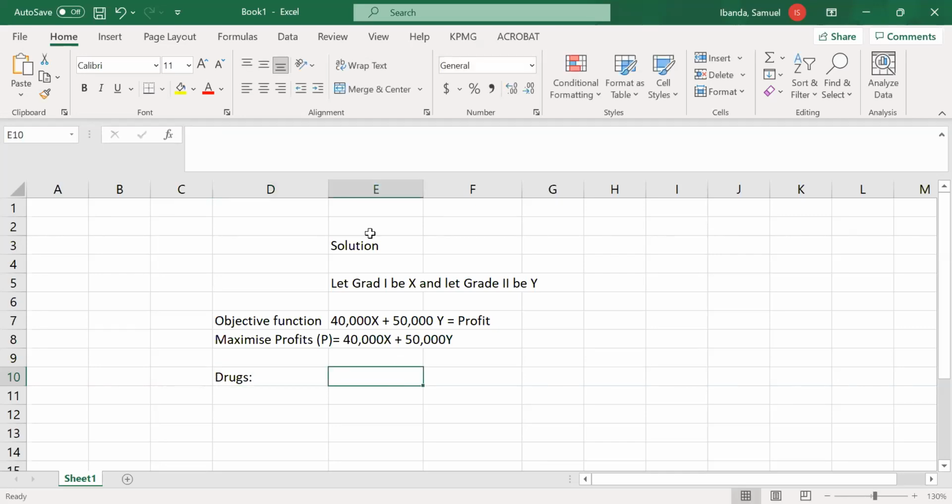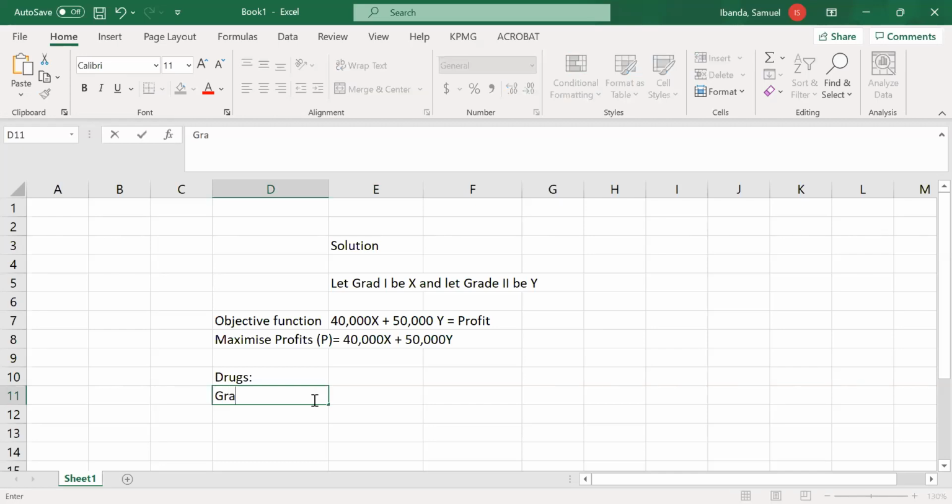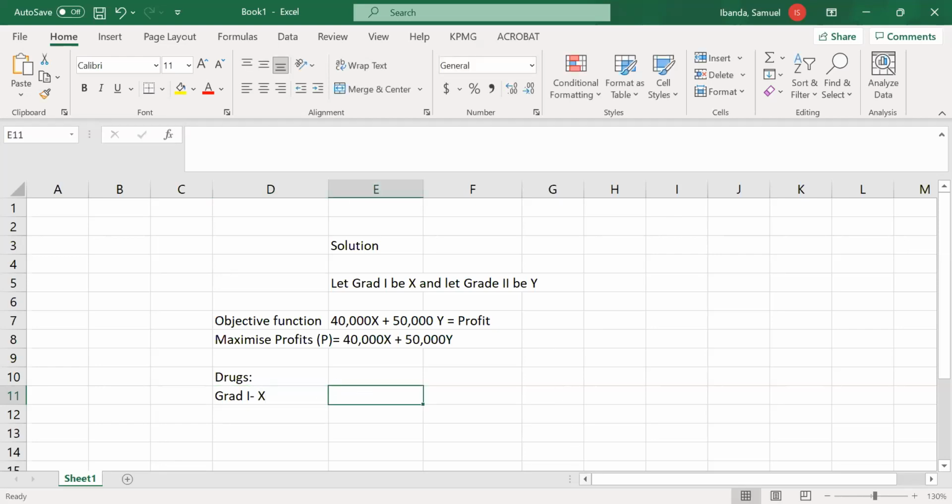So remember, I've already denoted X to be my grade 1 and Y to be my grade 2. So we have said that now our grade 1, which is our X, okay? They are telling us that it requires 25 drugs.